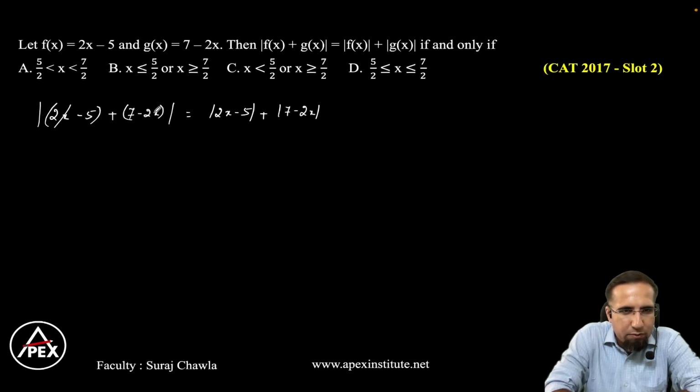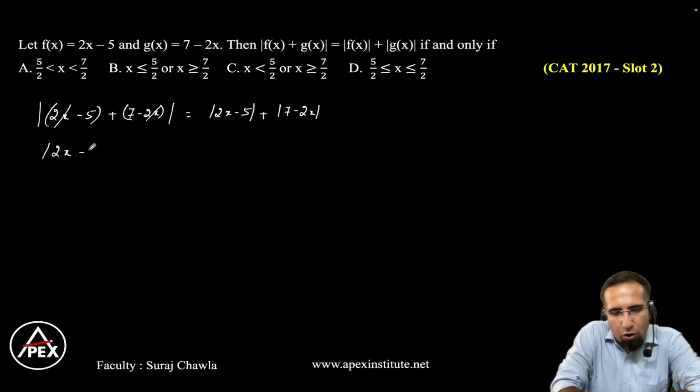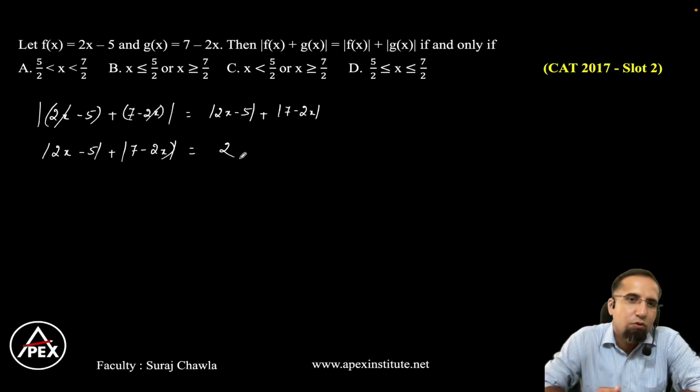So the plus 2x and minus 2x get cancelled, and mod of 2 is equal to 2.